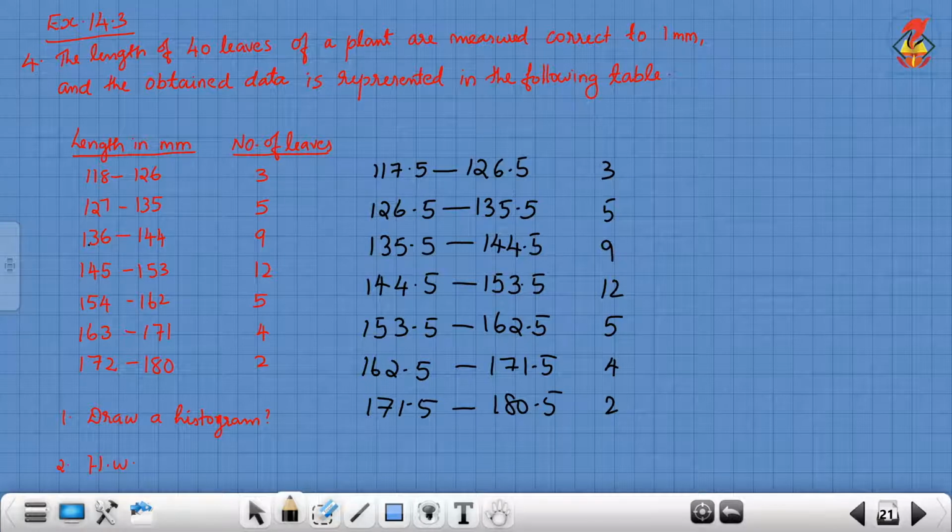How can you make the histogram? How can you draw the histogram?